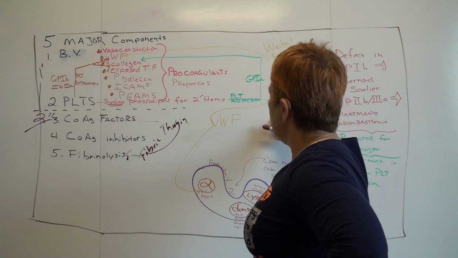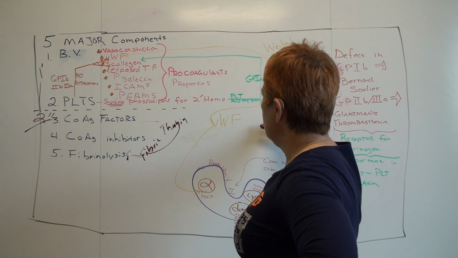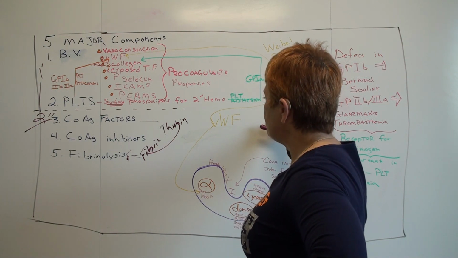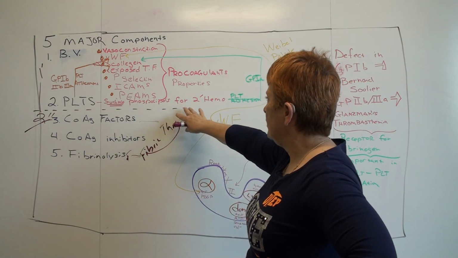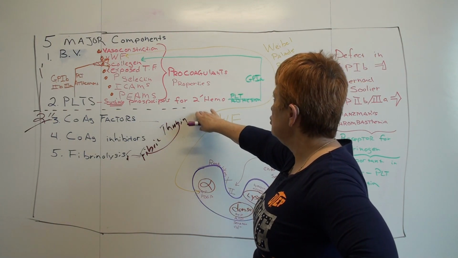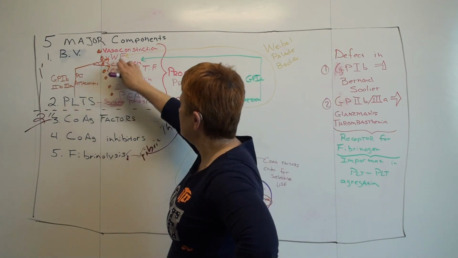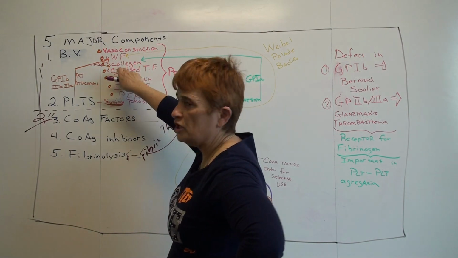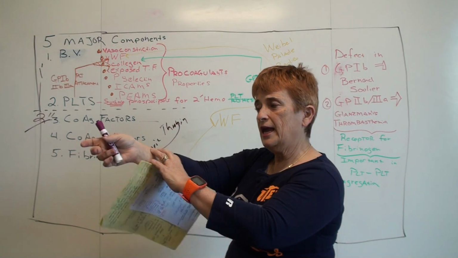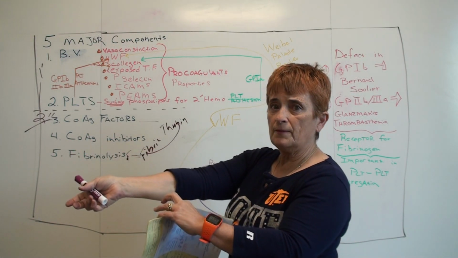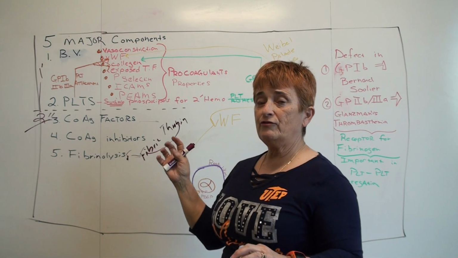Okay, what's really, really important that you need to know is that the platelets have this surface area, and what they're going to do is attach to collagen. So I've cut my skin open and it's exposing collagen.